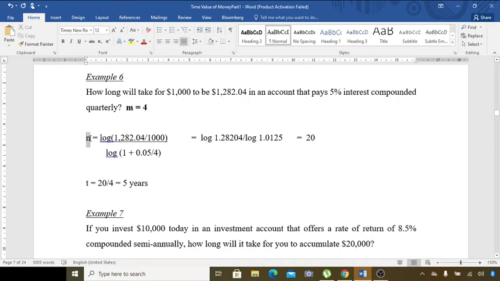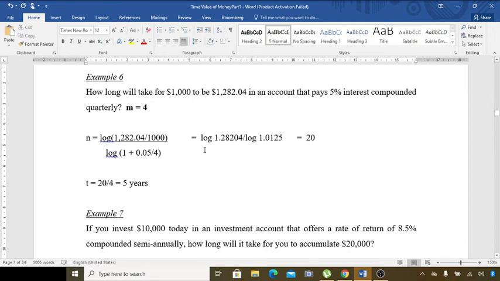N becomes log 1,282.04, which is your future value, divided by 1,000, which is your present value, P, divided by log 1 plus I, to the power of N. In this case, it becomes 0.04 to the power of 4, because we are solving for N, remember?